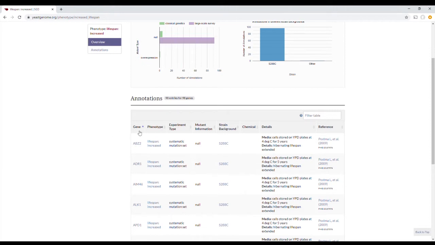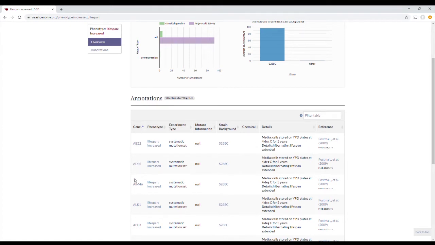Now, what this shows right here is I've got my gene, the phenotype, the experiment type, mutant information, strain background, the chemical that was used to treat this, and details of it. And the final column is the reference, so the paper that this information originated from.